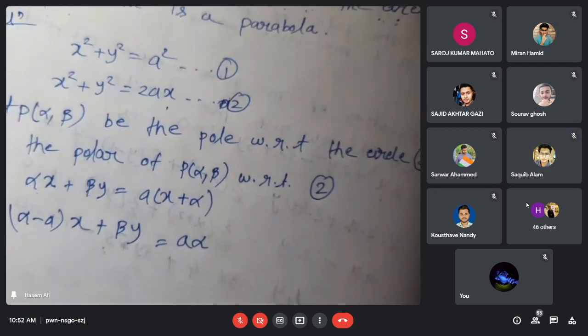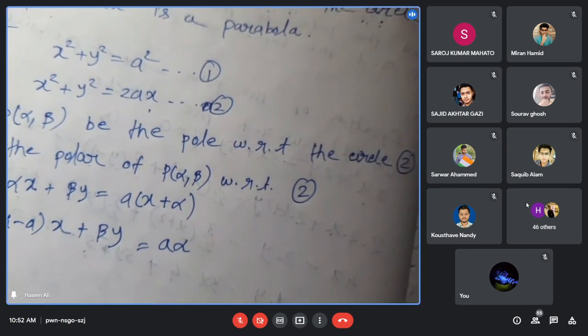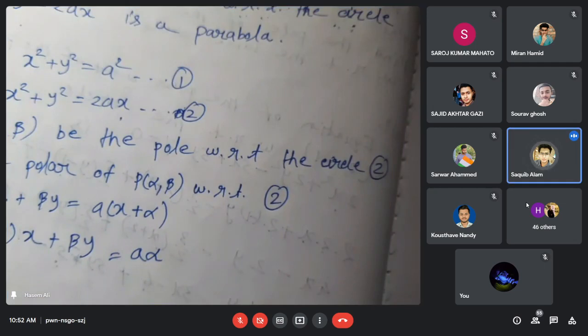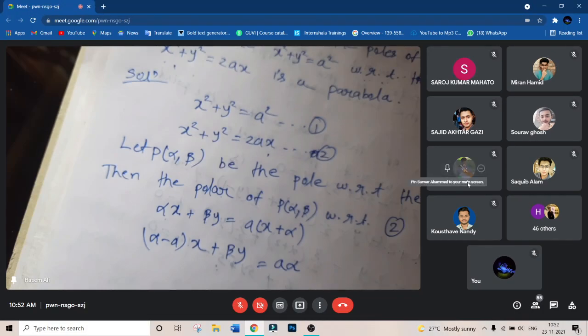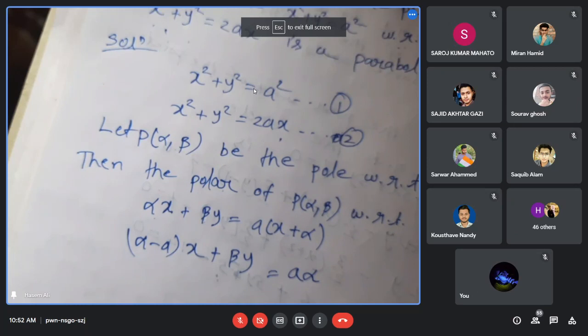Left side or right side? Now left side. Okay, sir.